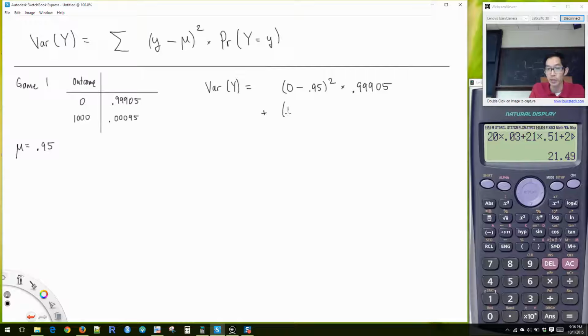So I would write what? 1,000 minus the mean of 0.95. We're going to square that difference, and multiply it by the probability of getting that outcome.